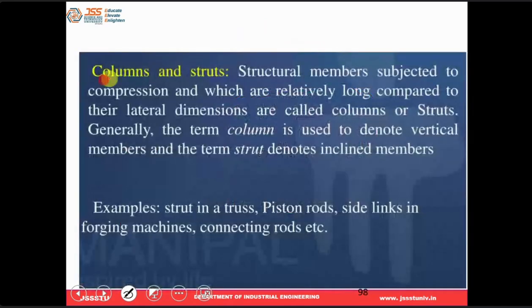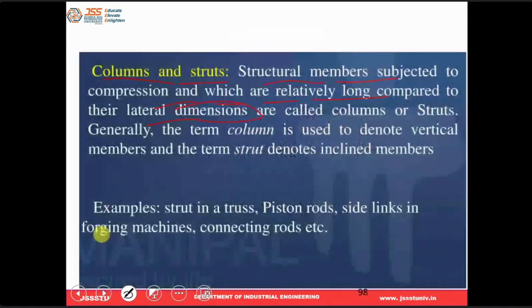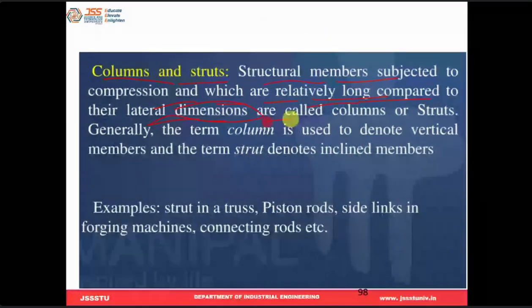Columns and struts are structural members subject to compression, and are relatively long compared to their lateral dimension. As I told you, lateral dimension means this one, so this dimension is more, that means the length is more. Such members are called columns, or also known as struts.